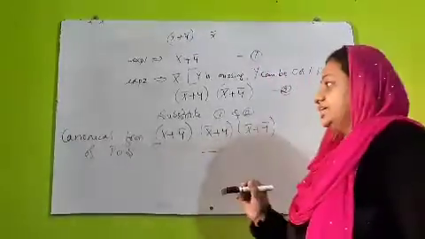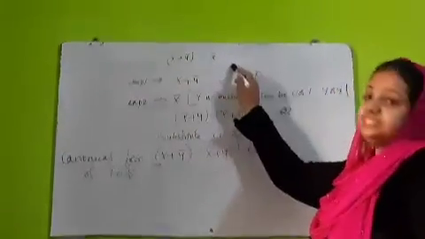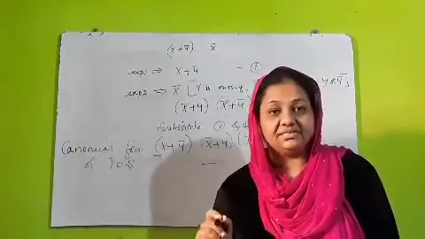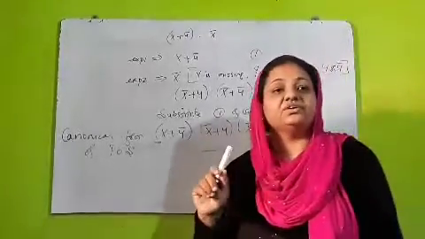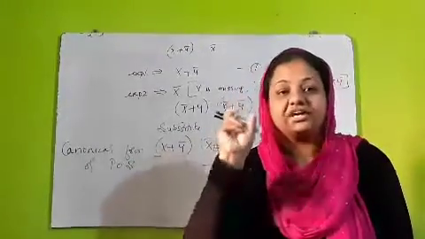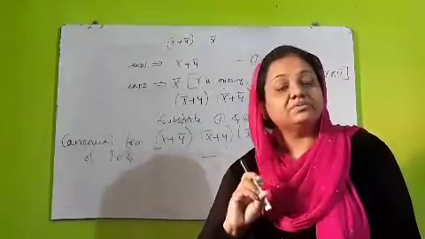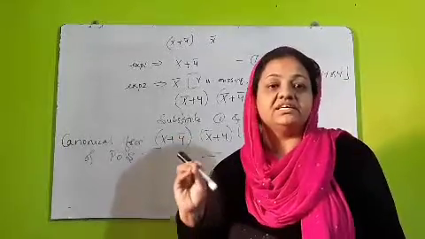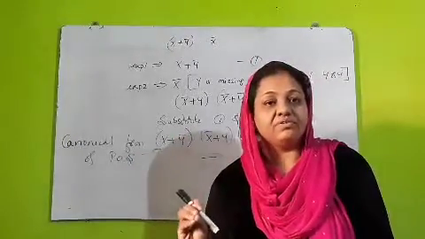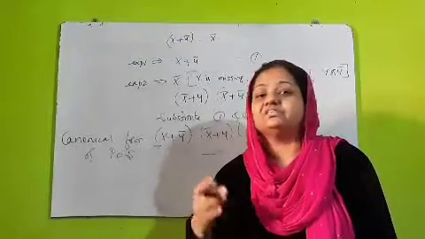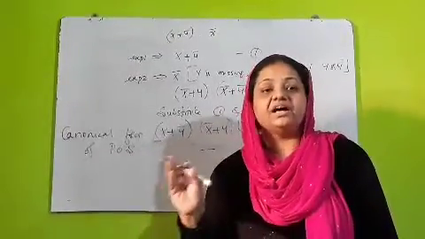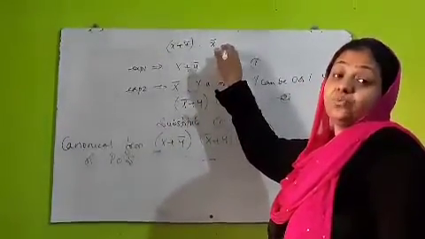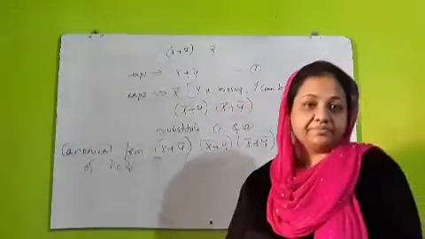Now see here, we have to convert this particular expression into canonical form of POS. Canonical form means each expression should have the representation of all the variables. Then only we can consider it as a canonical form of POS. Otherwise it is not in canonical form. Why is this not in canonical form? Because here you can see one variable, y, is missing.